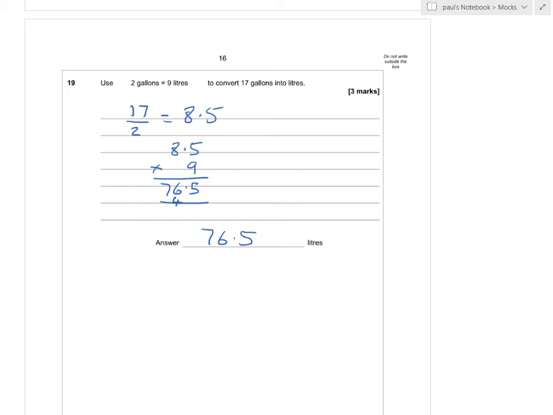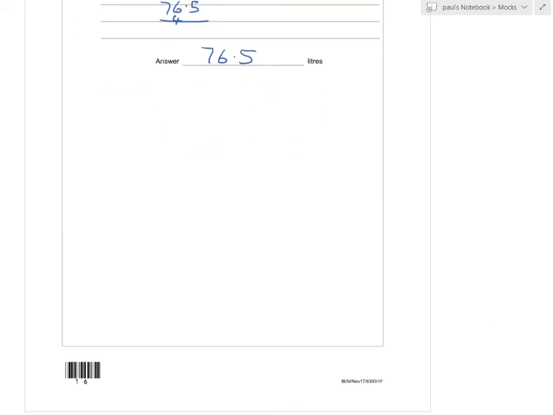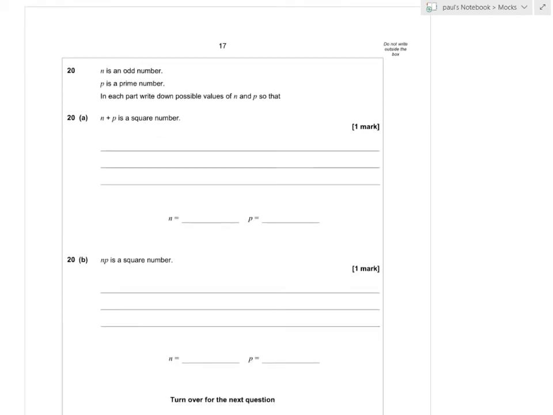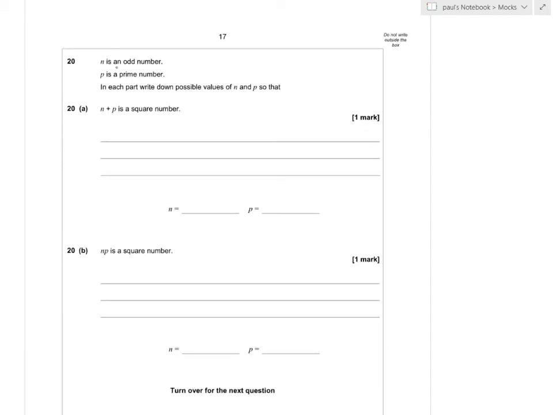So now we're going on to question number 20. N is an odd number. P is a prime number. In each part write down possible values of n and p so that n plus p is a square number. So let's do some odd numbers and some prime numbers.